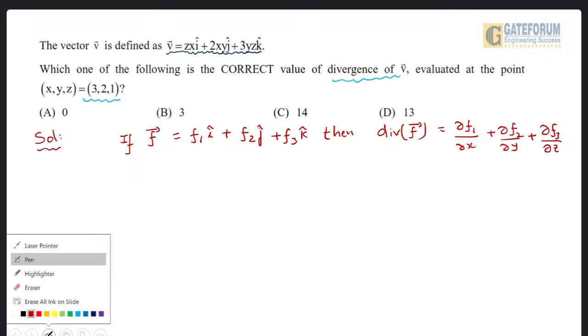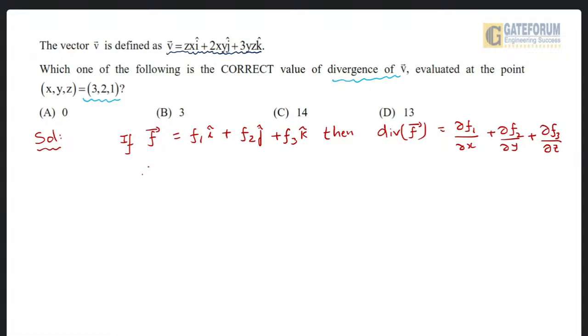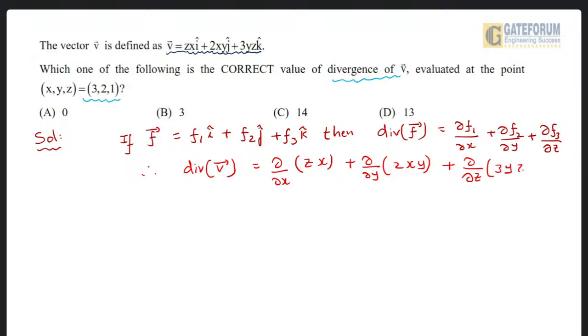So, therefore, divergence of the vector v bar is equal to dou by dou x of i bar coefficient, that is f1, zx, plus dou by dou y of j bar coefficient, that is f2, 2xy, plus dou by dou z of k bar coefficient, that is f3, 3yz.